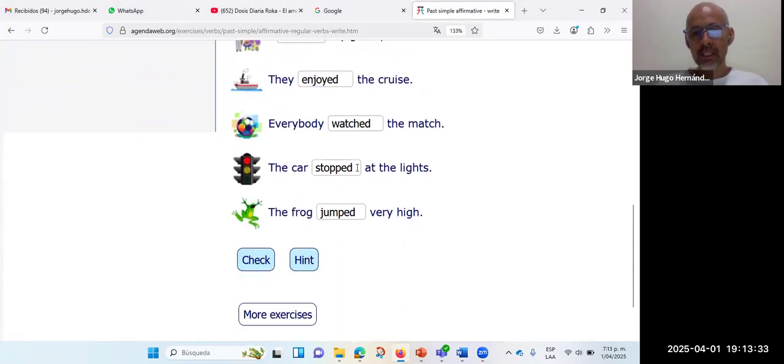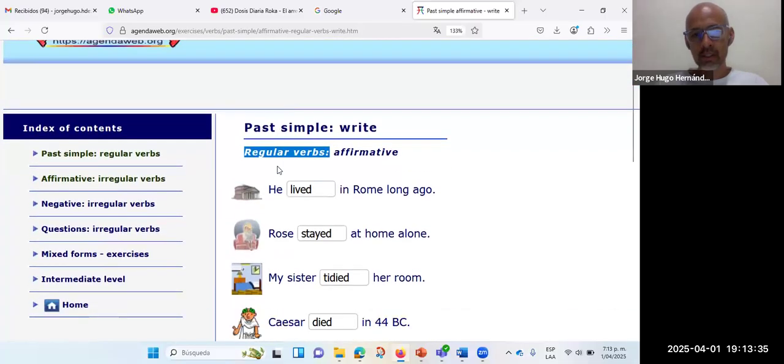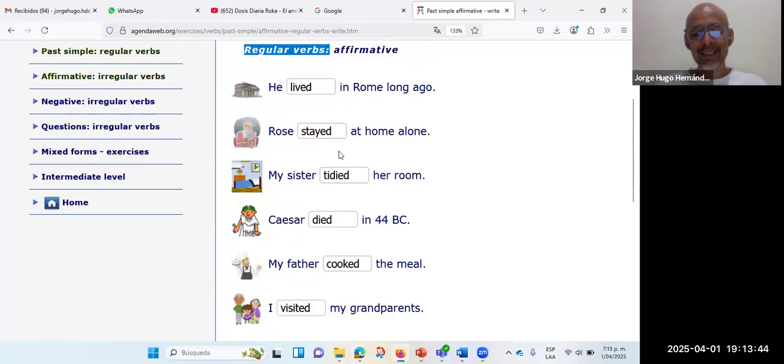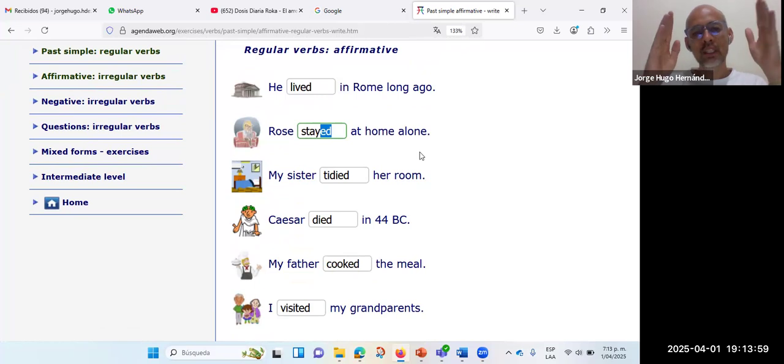These are some examples of regular verbs. And why are they called regular verbs? Very easy. The regular verbs follow a rule. The rule says that you have to add ed to the verbs in order to change from present to past. You have to add ed to the regular verbs in order to pass from present to past.